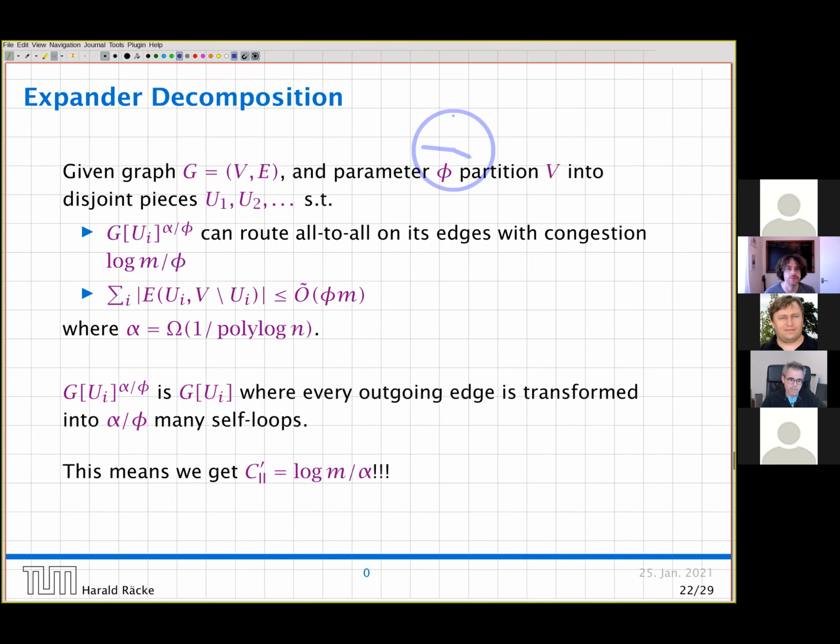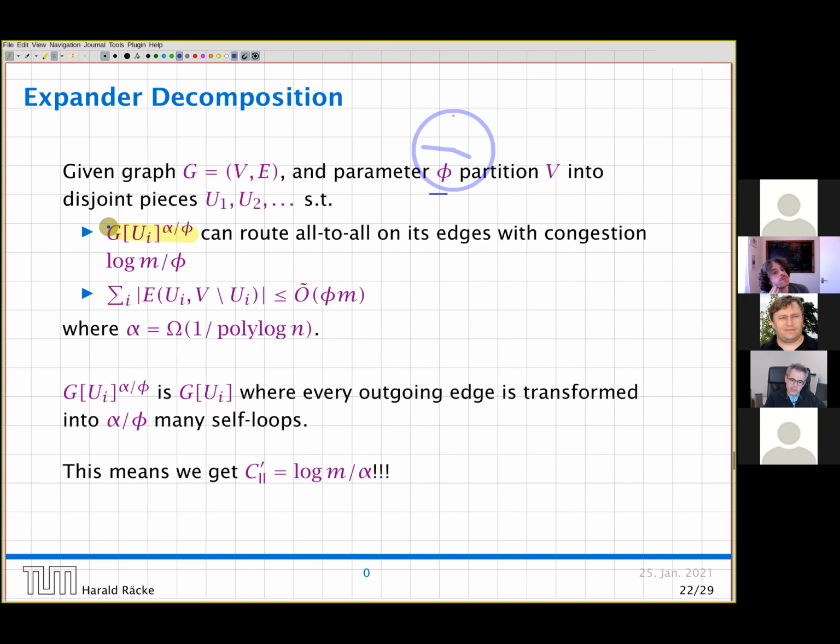So now we are given a graph, a parameter phi. And now we partition it into disjoint pieces again. And now we want this graph to be a good expander. Kind of can route with congestion, okay, log m or 1 over phi. This is not so important. What does this mean here? What is this graph?